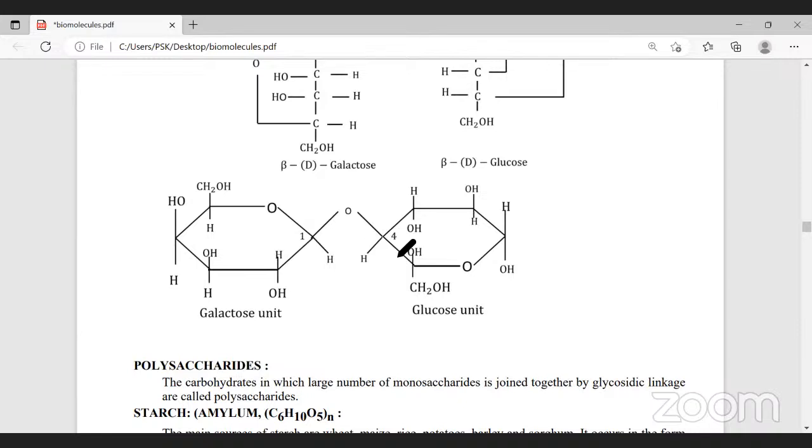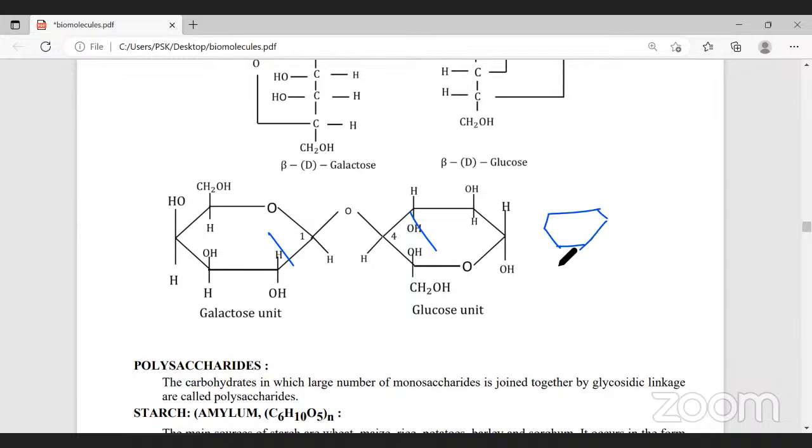The only difference is at the fourth carbon atom. Here the OH is on the upper bond for galactose, and here the OH will be at the lower bond. This is not clearly drawn, so anyways, we will draw it again.